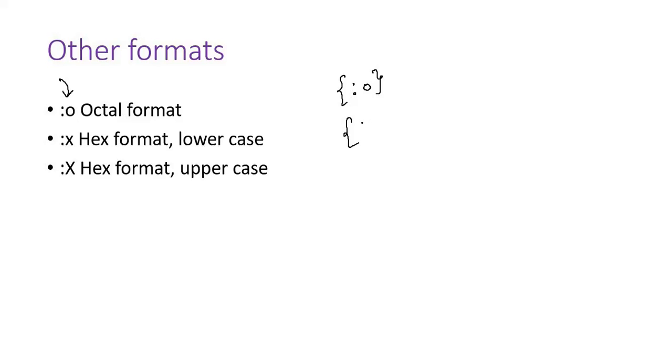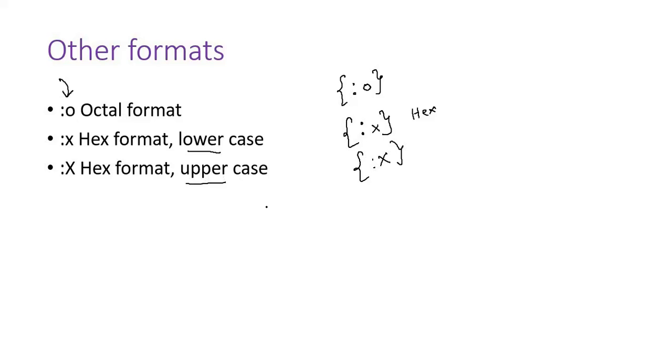For hexadecimal, within the placeholder use colon small x for hexadecimal format. If I use capital X, again that is hexadecimal. The difference is small x will display in lowercase letters.